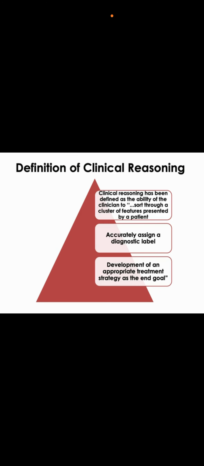So what this means in a nutshell is really for you to be able to put together the chief complaint, take a good history, perform a physical exam, order diagnostics if needed or labs, and come up with a diagnosis and treatment options.